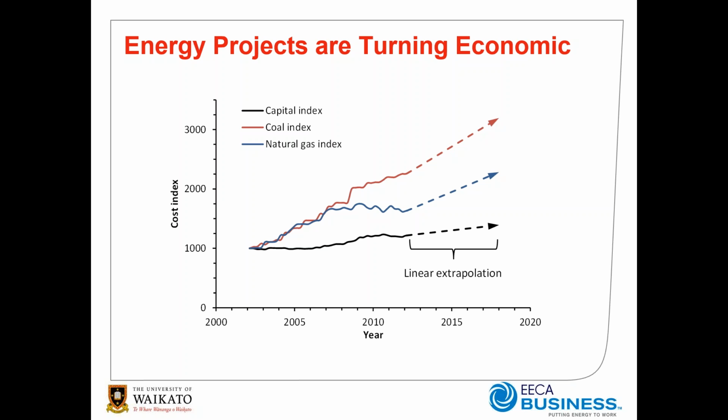You'd make a lot of money if you actually knew what that dotted line was. But nonetheless, if you look at the ratios between the two, you can see that back in 2002, which is the base year, the cost index ratio is essentially 1, whereas if you look at about the year 2010, you can see that for coal, compared to the capital index, it had doubled in its cost, whereas the capital goods had only gone up perhaps 10%.